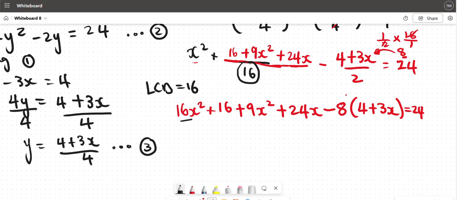So we have what? X squared there, but we have this negative 8 that we need to distribute first. Let's do that. But the 16 and this are going to give me a 25x squared. The 16, there's nothing you can go with, so just keep the 16 and bring the minus 24 from the other side.